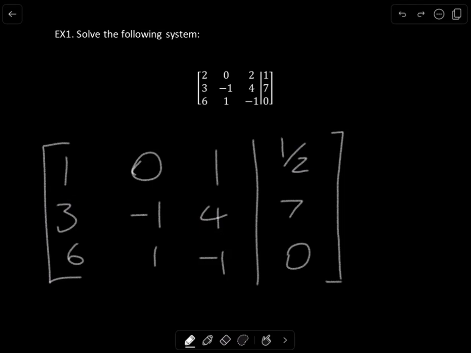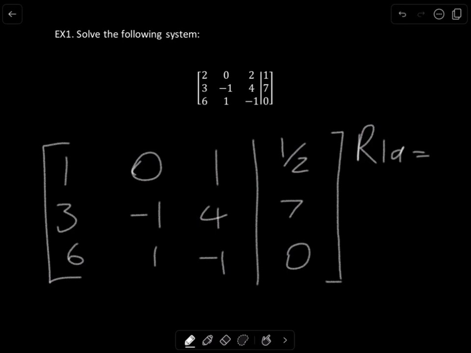Now, just before I continue, I want to make something clear. When you're doing these elementary row operations, someone may be checking your work or marking it. It will be difficult to track. So to assist them, what I suggest you do is whenever you perform an elementary row operation, for example, we did something to row 1, write row 1a, because this is the new row 1, is equal to, and what did we do?